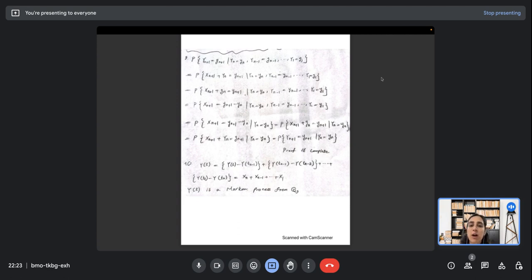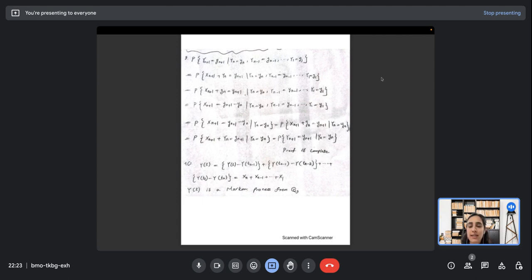So if we have a Markov chain, we don't care about all the previous states. We only care about the last and most recent previous state. So in this question, we're going to prove this.